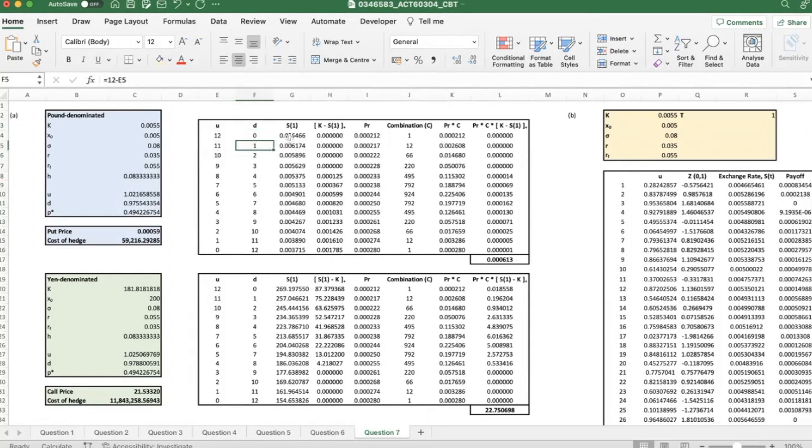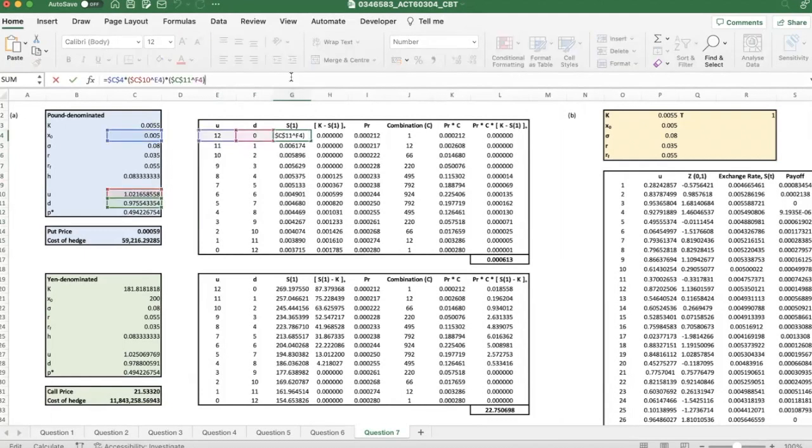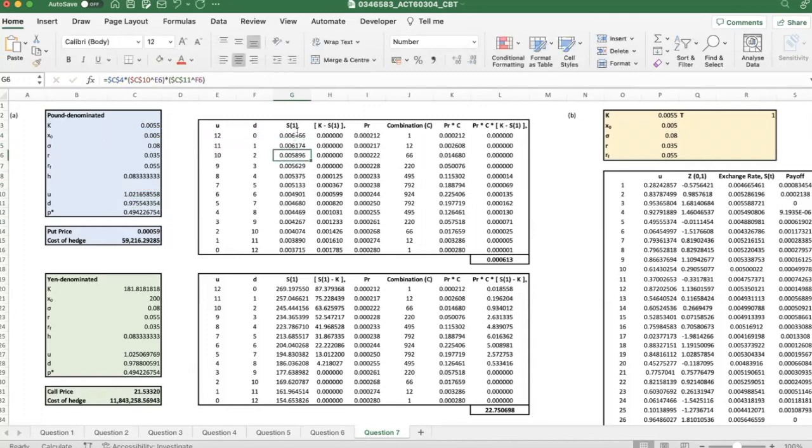Then we calculate the exchange rate at time 1 using the general formula, where we multiply the spot exchange rate by u to the power of 12 and by d to the power of 0, and continue for the following numbers all the way up to u power 0 and d power 12.